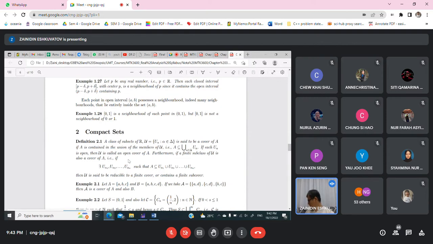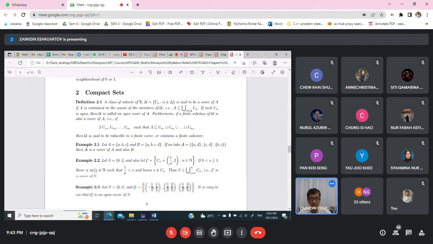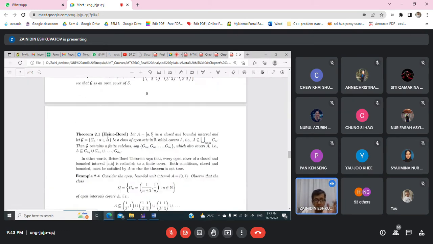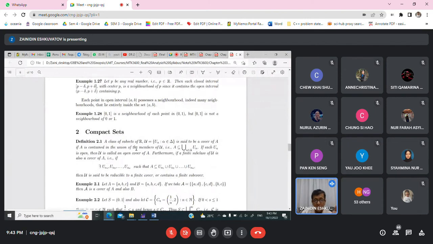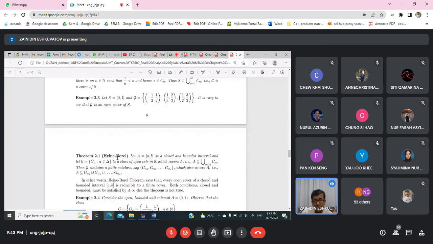Okay, so if you learn the compact sets, you will solve the complete problems related to chapter 3, compact sets. Actually, a very proper definition is the Heine-Borel theorem. Let [a, b] be a closed and bounded interval, and G be a class of open sets in R which covers it.